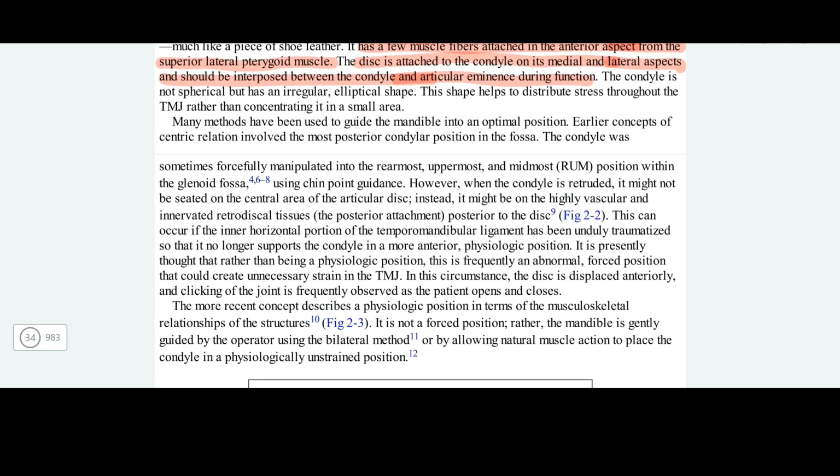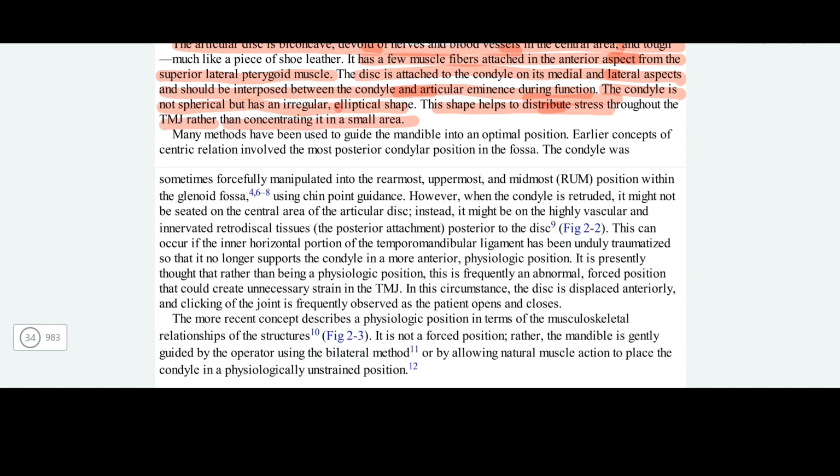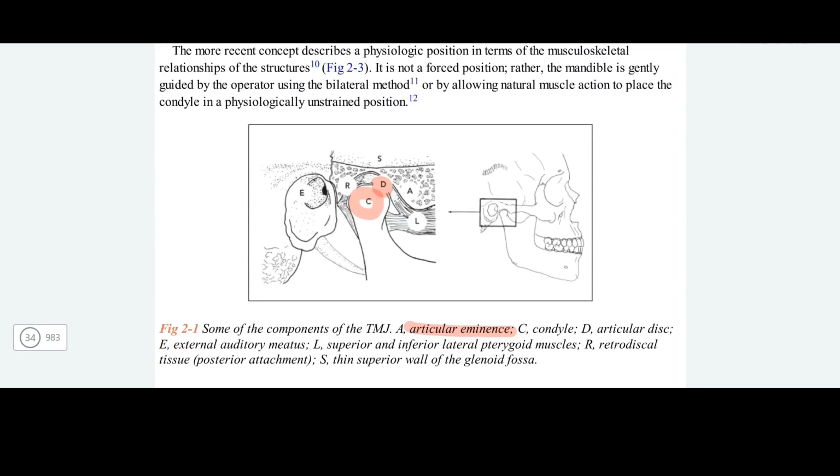Okay, and let's complete the condyle. The condyle is not spherical, but has an irregular elliptical shape. This shape helps to distribute stress through the TMJ rather than concentrating it in a small area. So what does it mean?